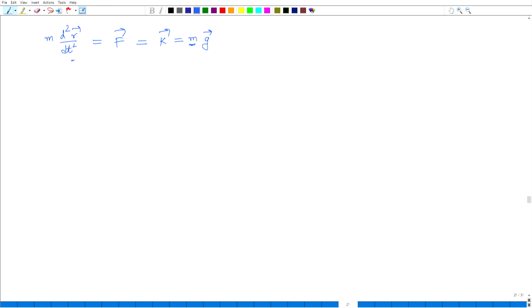Since mass is a constant of the system, you can take that as a proportionality constant. So, this is a case where you have a constant force.